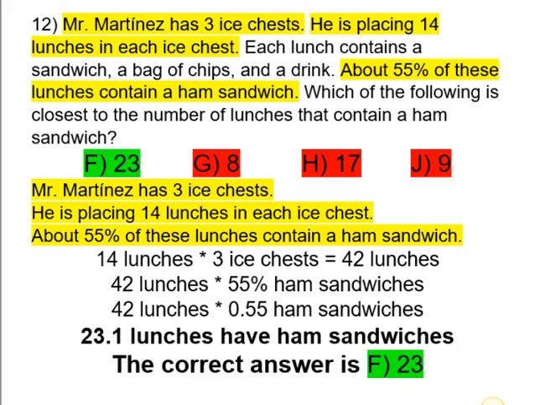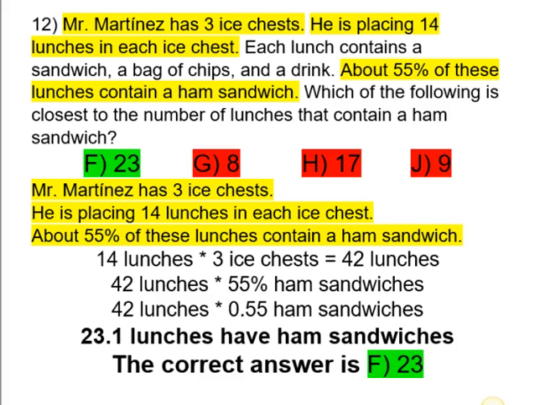So again, we are going from the 42 lunches, we are going to find out how many, which is 55% of the lunches, are ham sandwiches. 42 lunches times 0.55 is equal to 23.1 lunches that have ham sandwiches. And because we're looking for the closest number, 23, which is F, is our correct answer.